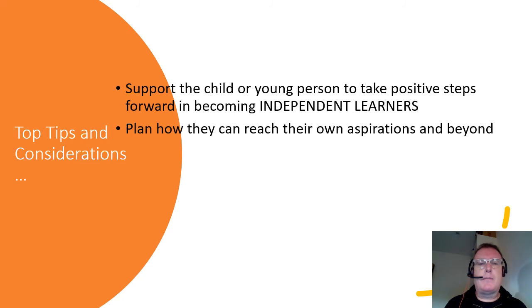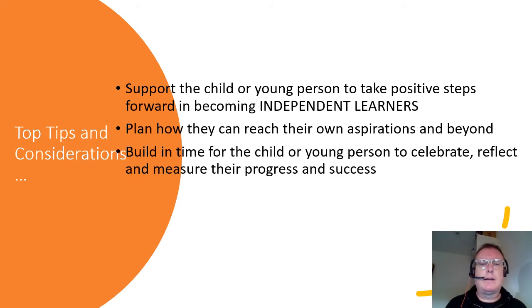It can help plan how they reach their own aspirations and beyond as they get older. And build in time for the child or young person to celebrate, reflect, and measure their own progress. So, for example, the use of star charts and reward charts, positive photographs, always very powerful and useful.